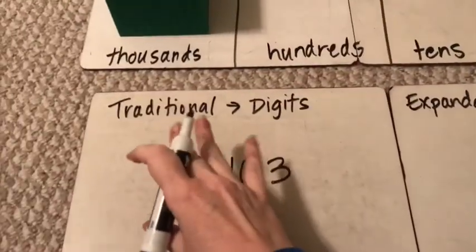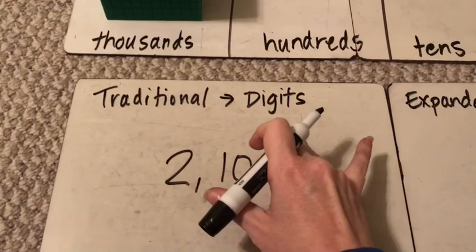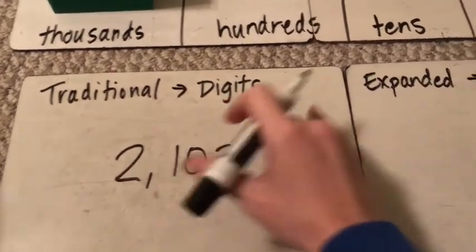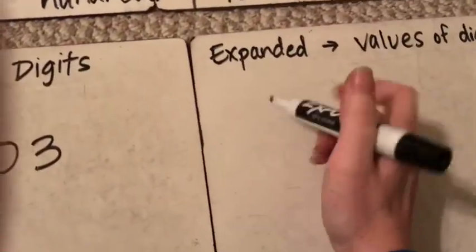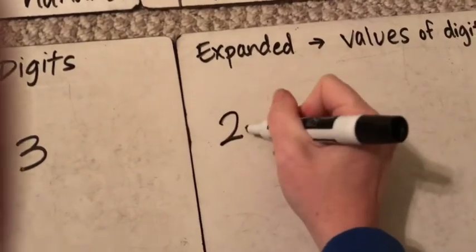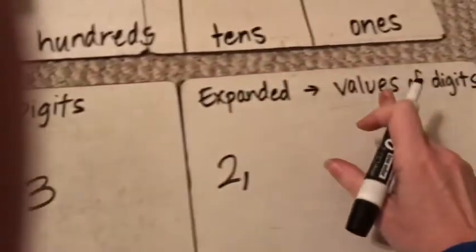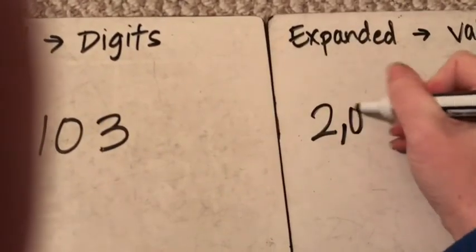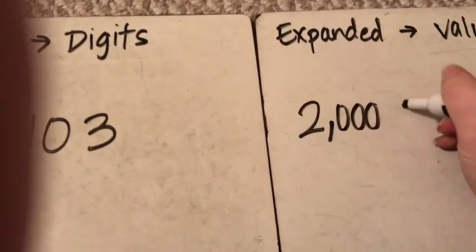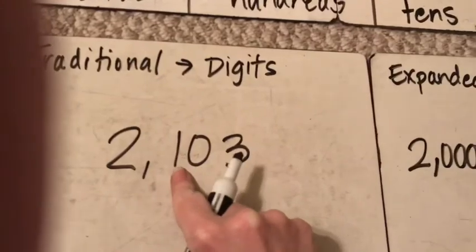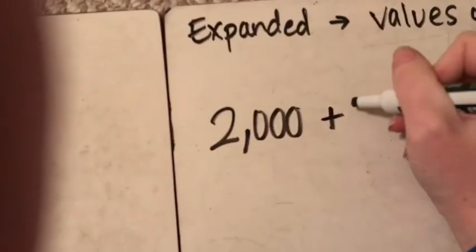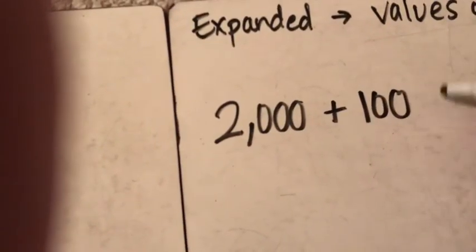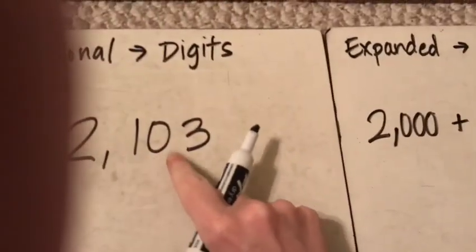2,103. This is going to be the traditional strategy that we're all used to from school, but I'm also going to show you a similar version where I'm just going to expand out these digits and tell the values of the digits. So 2 in the thousands place has a value of 2,000. 1 in the hundreds place has a value of 100. 0 in the tens place would have a value of 0.